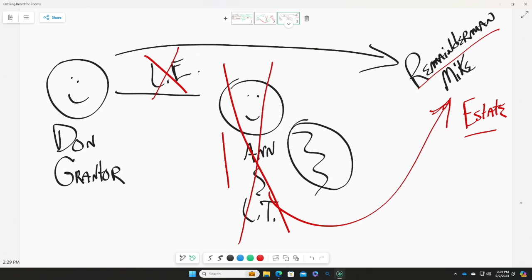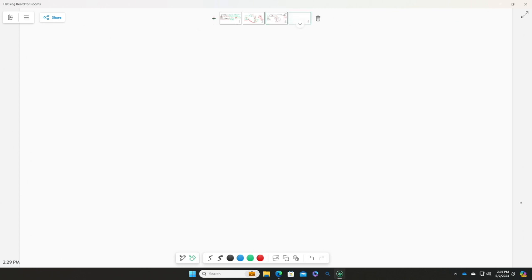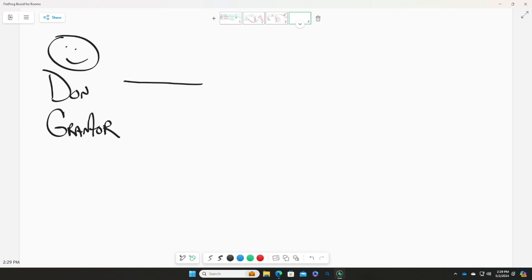And then the third option. And I could probably use this same, let me just use a different color pen here, is you could have two actual options. And let me just put a new page because I think that would make it better. So in this example, Don, the grantor, creates a life estate to Anne.